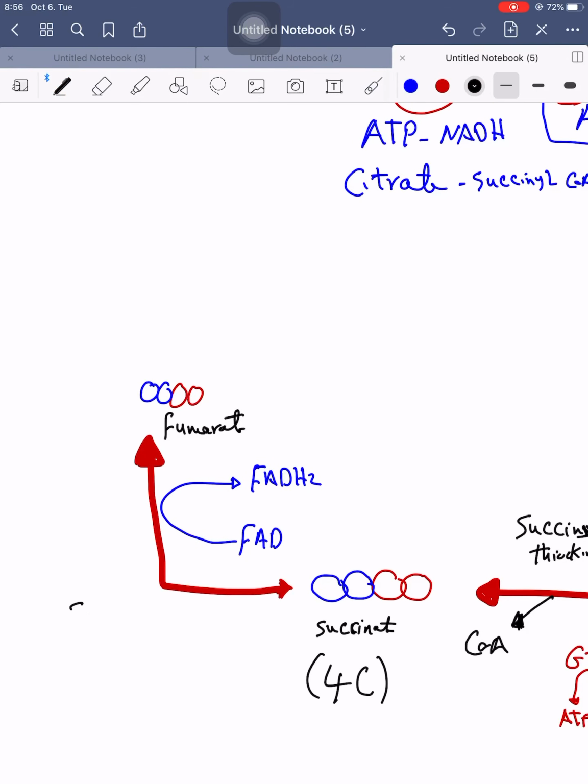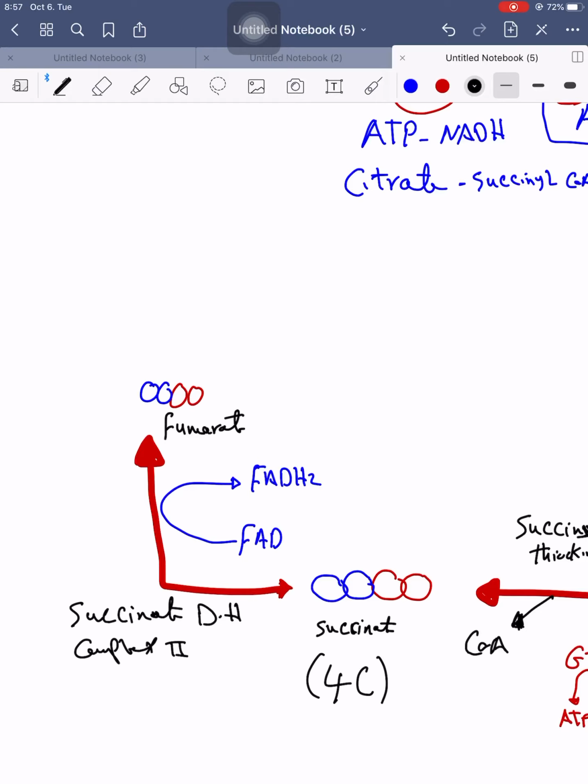It's called succinate dehydrogenase, and this is complex number 2. This enzyme is found in the inner membrane of mitochondria, a membrane bound enzyme. This enzyme is complex number 2 in the electron transport chain, so it's very important to remember. Succinate is oxidized to fumarate by succinate dehydrogenase, found in complex number 2 in the inner membrane of mitochondria.